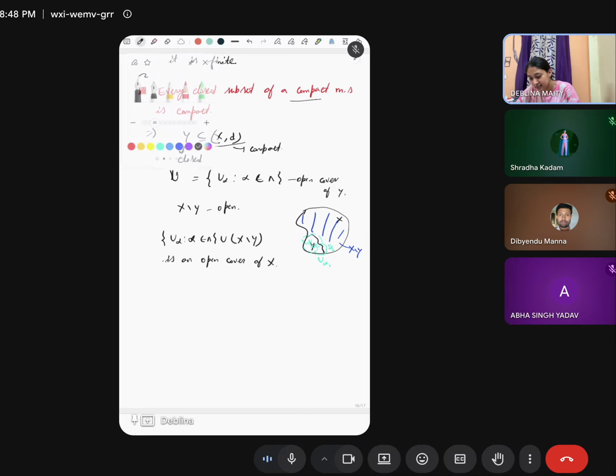Okay, the next theorem says, now compactness means closed and bounded in every metric space.